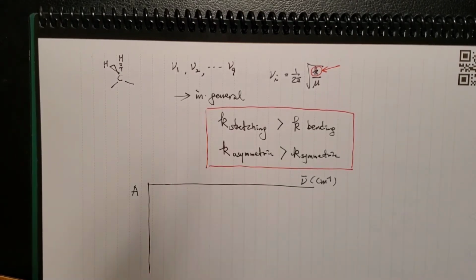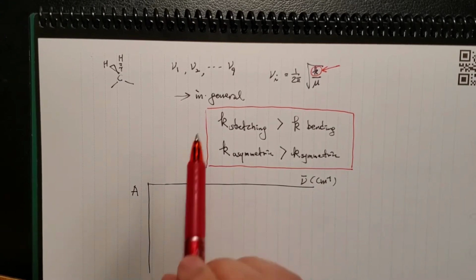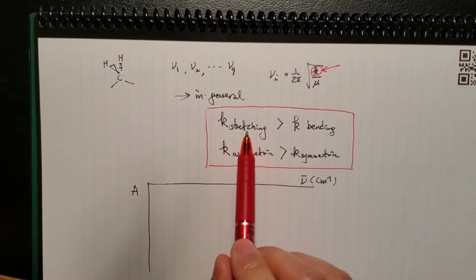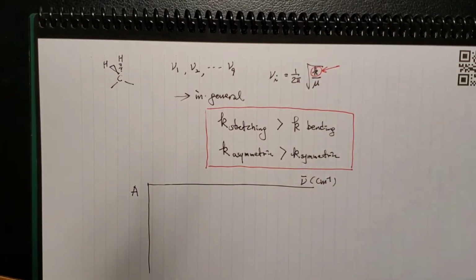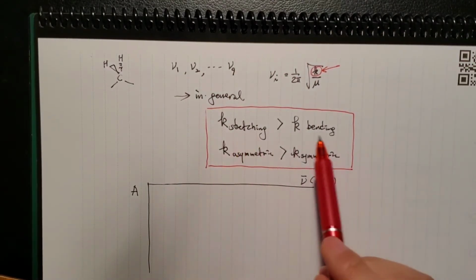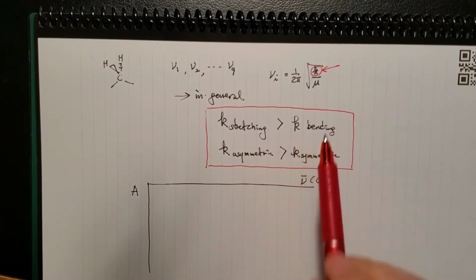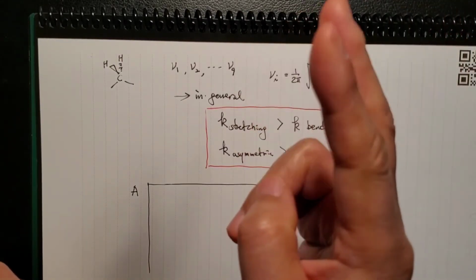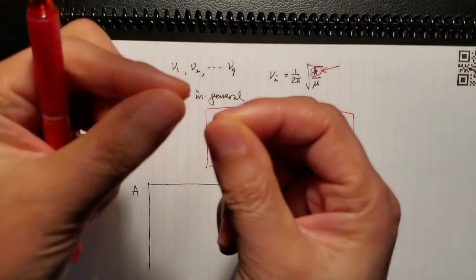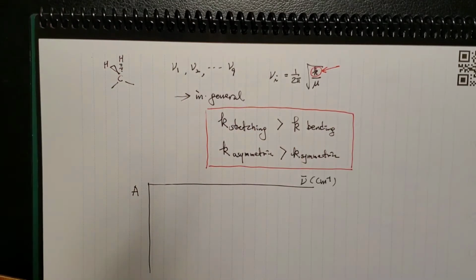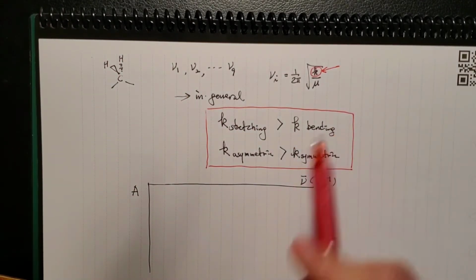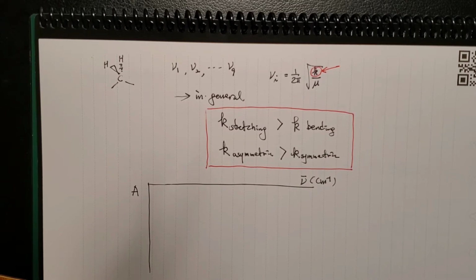And in general, the force constant for stretching vibration, which changes the bond distance, is greater than the K value for bending. So bending is a lot easier than changing the bond length. That's probably because bending is not changing the distance between atoms, so the attraction of the electrons is about the same for the bonding phenomenon.